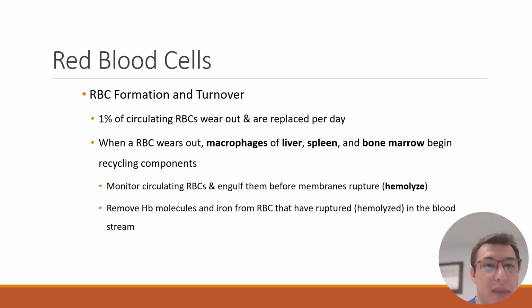Macrophages are the main players here because they help recycle red blood cells. They engulf worn red blood cells and they lyse them, they break them, and they try to separate some of the globulins, some of the heme groups, some of the iron, and they deliver it to the different places where it is needed. Now macrophages in the liver, in the spleen, and the bone marrow begin that recycling.